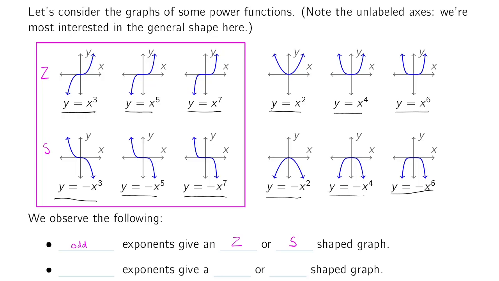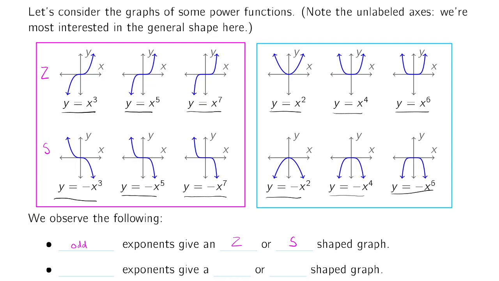We say that these are like U-shaped curves or N-shaped curves. And so looking at these graphs on the right, we see that even exponents give, I'm going to say that this is a U-shaped curve. This is a lowercase n-shaped curve. So they give a U-shaped or n-shaped graph.